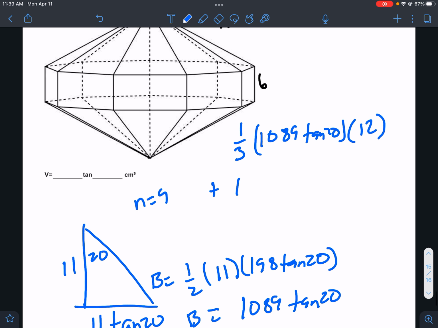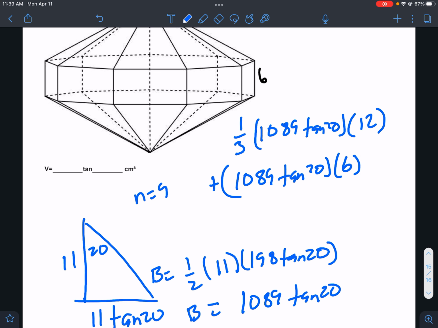The prism would be the area of the base, 1089 tan 20, times its height, which is 6. Oh, there would be 2 of these. So it would be 2 times 1/3 times 1089 times 12 plus 1089 times 6.